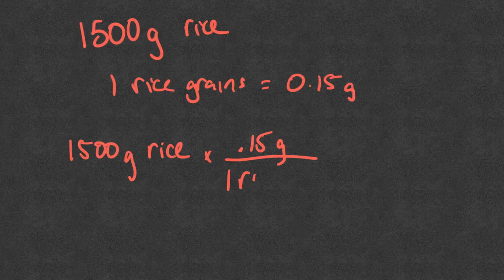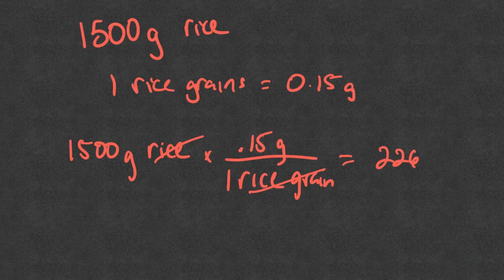So when we do this math, everything crosses out, and you get about 226 grains of rice, roughly. Just assuming they're about the same size and weight, but give and take, you're going to have roughly 226 grains of rice.